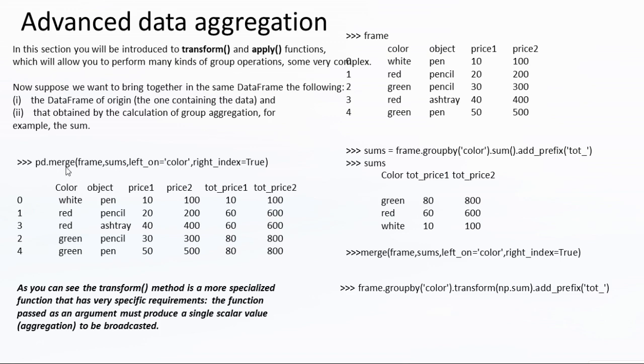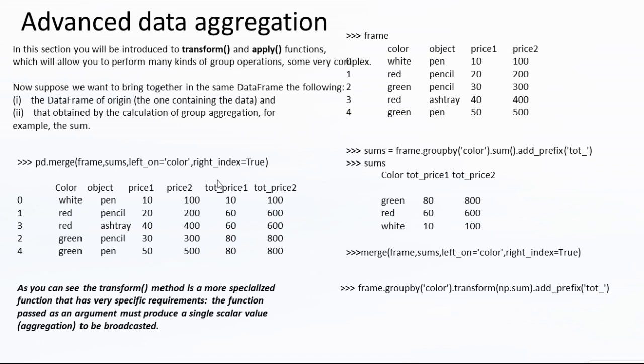Now you can also see I can use merging over here, right? I can merge this data frame. I have my original data frame and what I'm basically doing is merging two things. So this is a frame, and this part is nothing but the data frame, and this part is after doing the grouping.